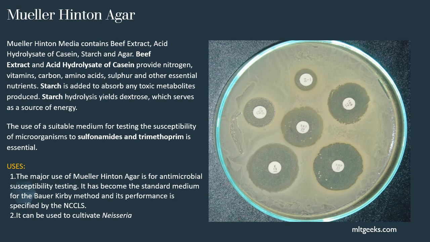The beef extract and acid hydrolysate of casein provide nitrogen, vitamins, carbon, amino acids, sulfur, and other essential nutrients for the growth of the bacteria. Then starch is added to absorb any toxic metabolites which are produced by the microbe which is in test. Even starch hydrolysis yields dextrose, and that also serves as an additional source of energy.